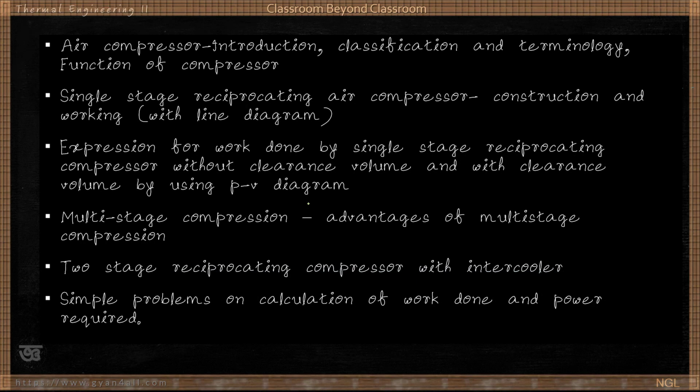So in this chapter, we'll discuss the introduction to air compressors, classification, and terminology, that is, the terms used in air compressors. We'll discuss the single stage reciprocating air compressor, its construction and working, how it works, only with respect to the line diagram.